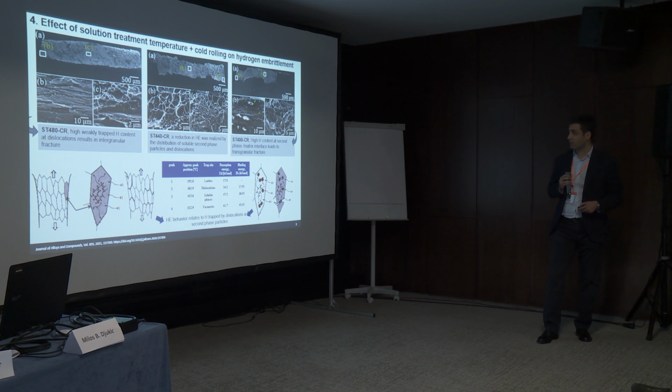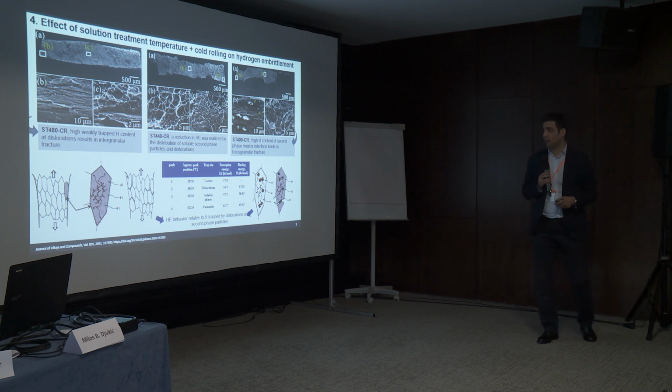The most important factor here can be considered the distance between these particles, and if we have a lower distance and then a higher amount of hydrogen trapped over there, then it can also relate to the initiation of the cracks and also propagation. And this also shows us how we can control the hydrogen embrittlement behavior with the changing of solution treatment temperature and cold rolling.